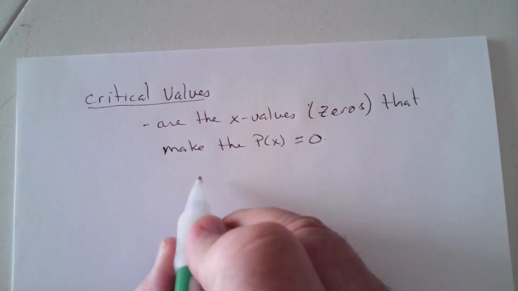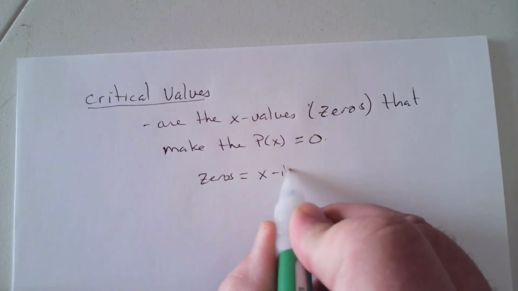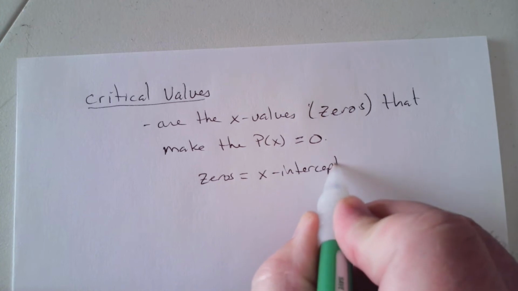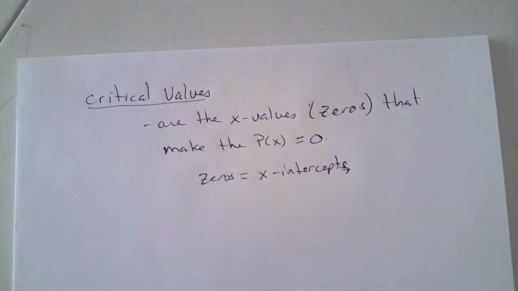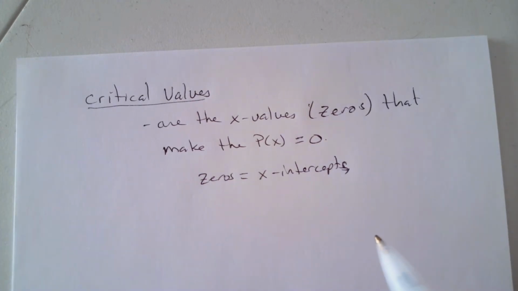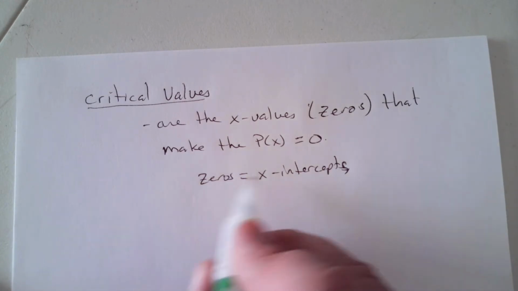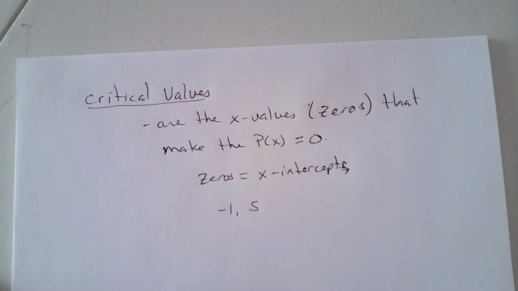So remember, they're these zeros. They're also the x-intercepts. All right. So our zeros, our x-intercepts, are -1 and 5 in our example.